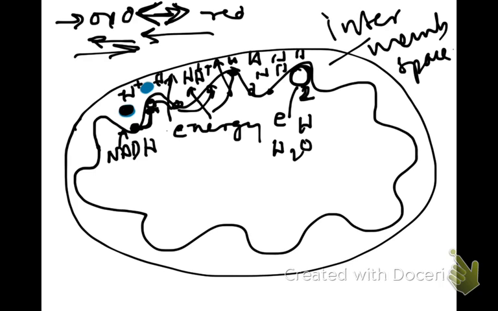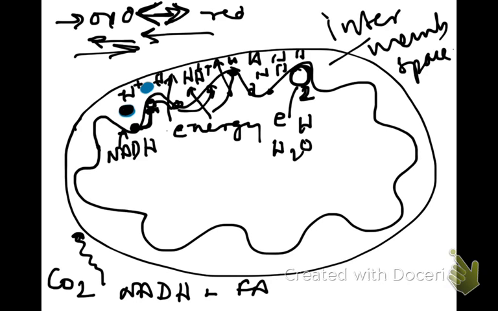What did I get out of this process? I got my carbon dioxide completely gone, all my NADH and FADH2 came and donated whatever electrons they had to the electron transport chain, and at the end of it I had water being formed, oxygen reduced, water being formed.